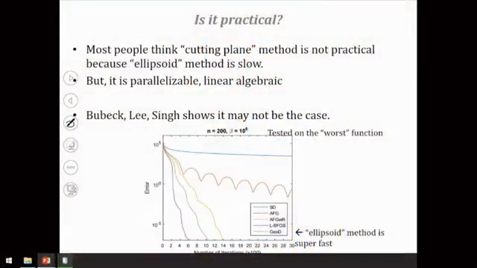You need to use some structure about submodular minimization. But anyway, I also somehow feel this is a practical method. Although many people think the cutting plane method is not efficient because the ellipsoid method is slow, I would argue in this way. First, it is parallelizable. Also, at least for my cutting plane method, it is purely linear algebraic. So our current computer system is very suitable for computing A inverse or solving a linear system.